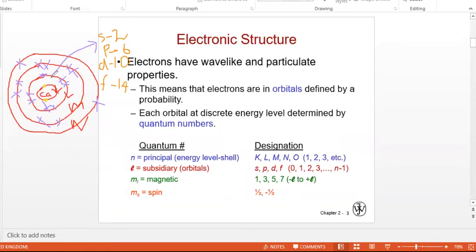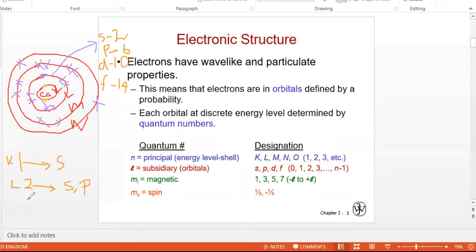So each main orbit would be divided into subsidiary orbits. But in the first orbit, there will be only s. So in the first orbit, there will be only s. This is your K orbit. In the L orbit, that is your second orbit, we will have s and p.